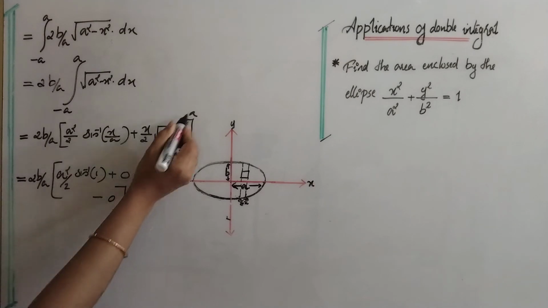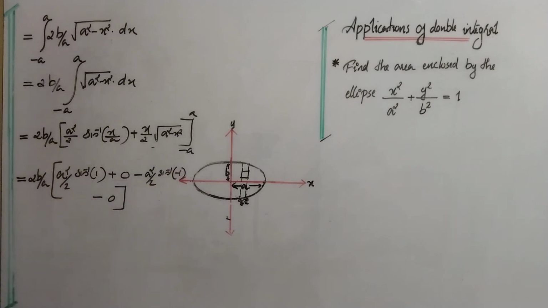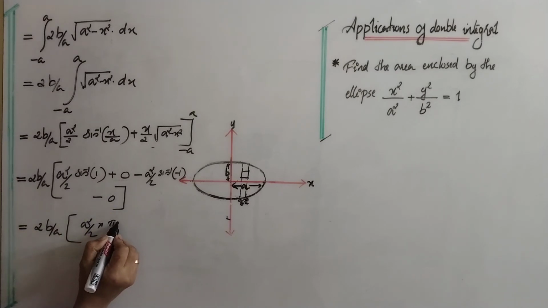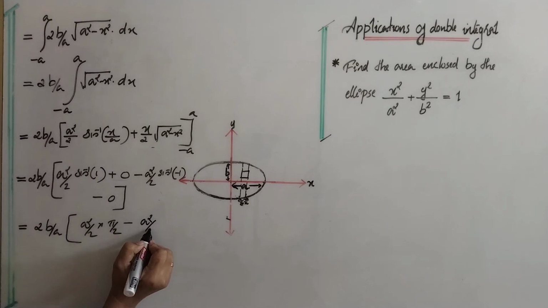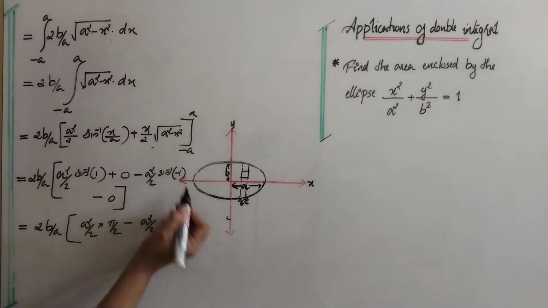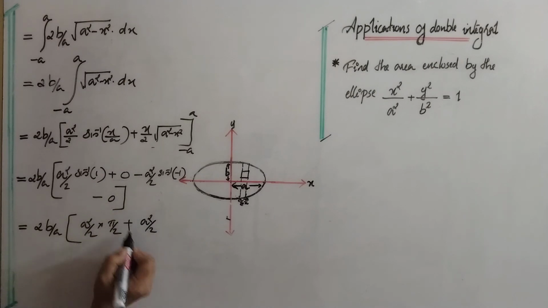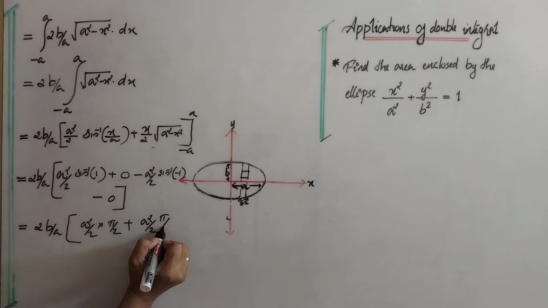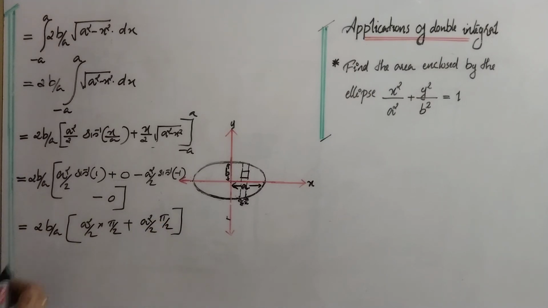So if you apply the upper and lower limit, this second term becomes 0. So here we get 2b by a into a square by 2 sine inverse 1. Sine pi by 2 is 1, so sine inverse 1 is pi by 2, minus a square by 2, here sine inverse of minus 1. So this becomes plus pi by 2. We know that sine of minus x is minus sine x.